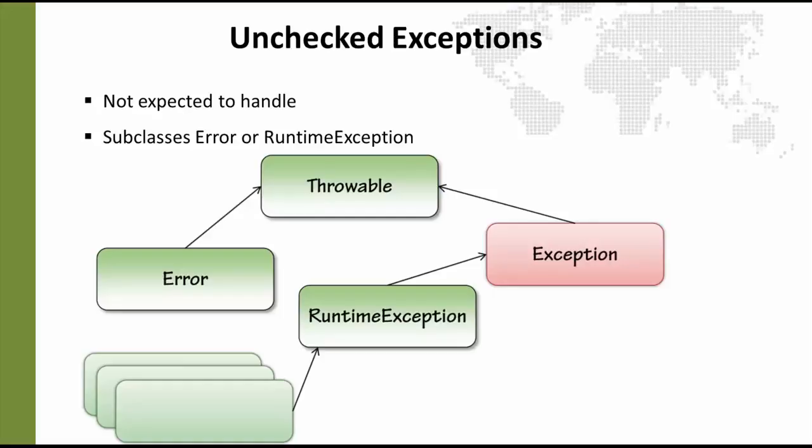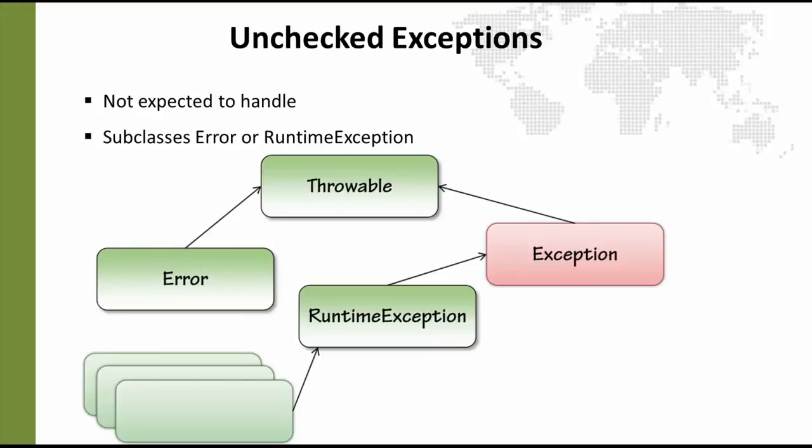Unchecked exceptions have another rule with them, which is that there are two causes of unchecked exceptions. If you see on this hierarchy, there are the ones that inherit from Error. On that side, these are things that you should not catch. As a general rule, you should never catch an Error because these are critical errors that should halt the program.